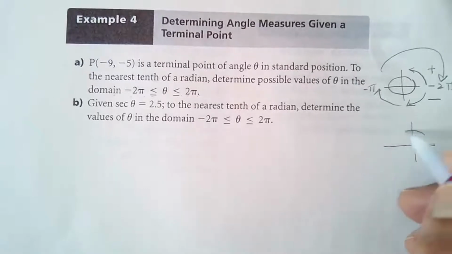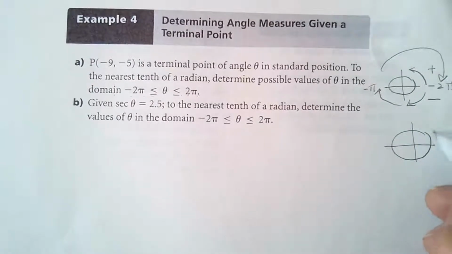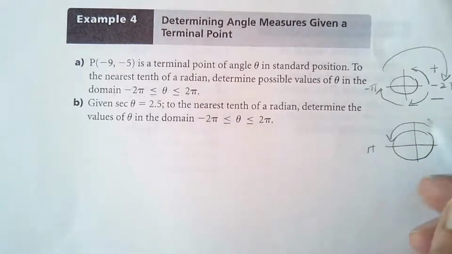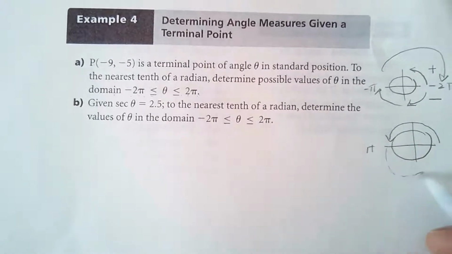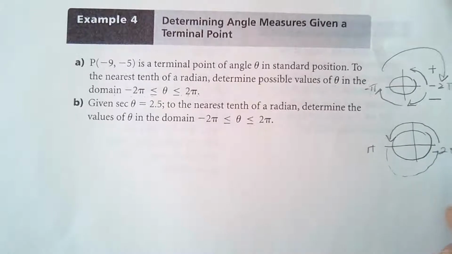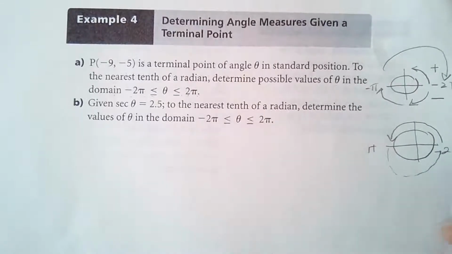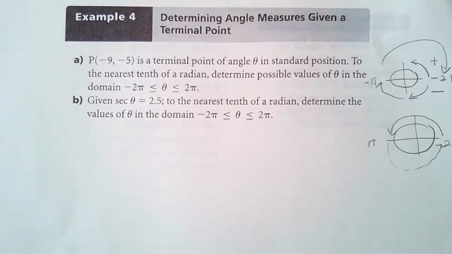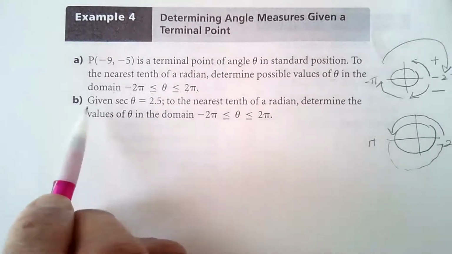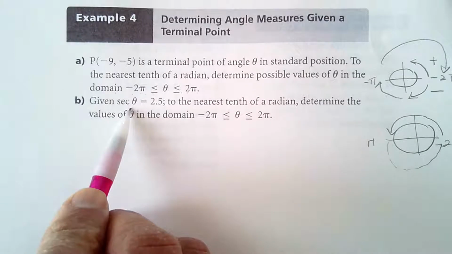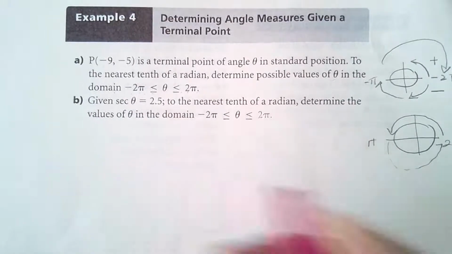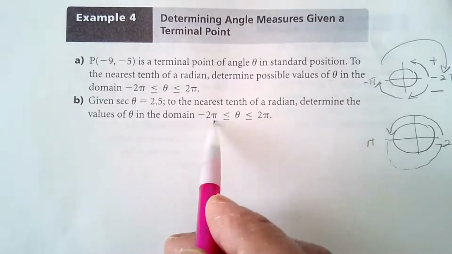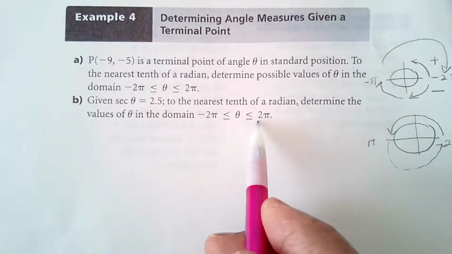And if we were to look at positive, so positive pi, and if we continue, 2 pi, clockwise and counterclockwise, just to recall. Now, the next part, you're given secant theta is 2.5. To the nearest tenth of a radian, determine the values of theta in the domain -2 pi to 2 pi.